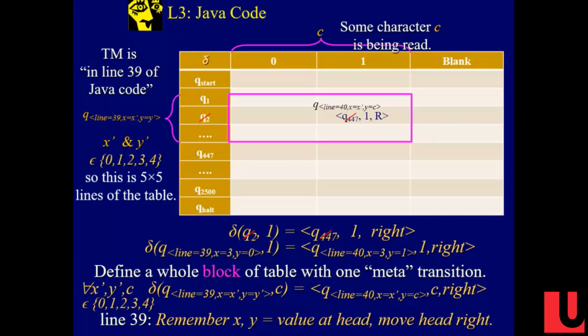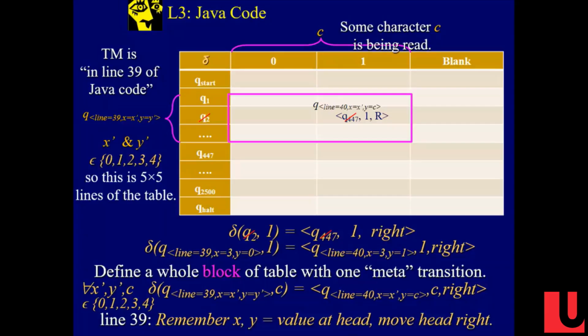If you're in line 39, reading the value of y, and what do I write? I read in the C, and I don't want to change it, so I write it back again. I didn't tell you. All right, so I give you this. It says read in the value of C and go right.